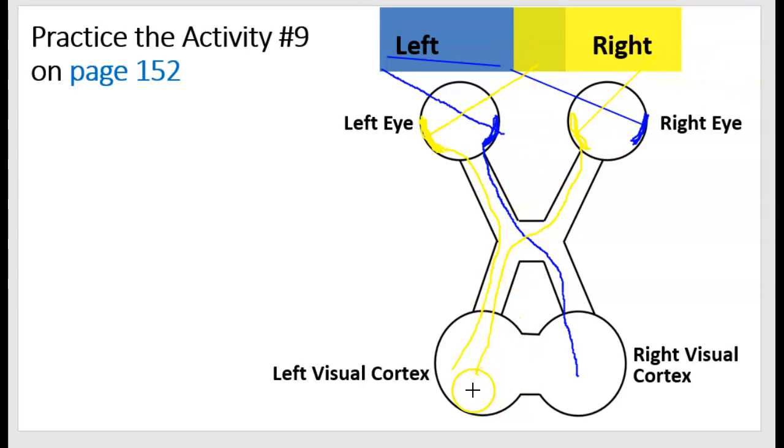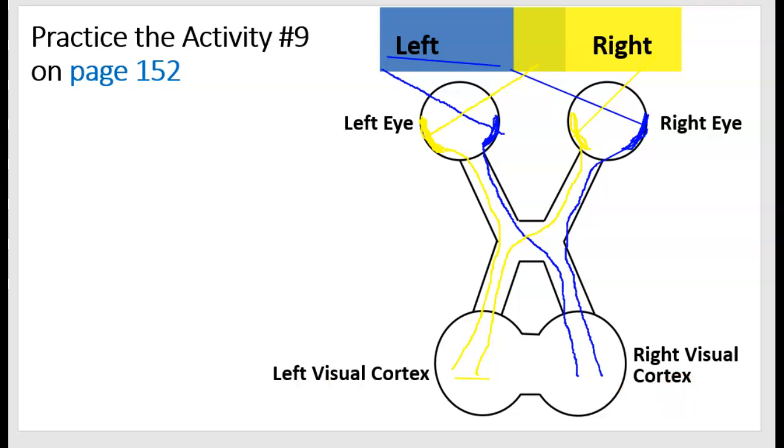So right field of view still went to the left side of the brain through the left eye. And in the case of the right eye, it was the left field of view that stimulated the lateral part. And that information just travels straight back from the right eye to the same side visual cortex, the right visual cortex.